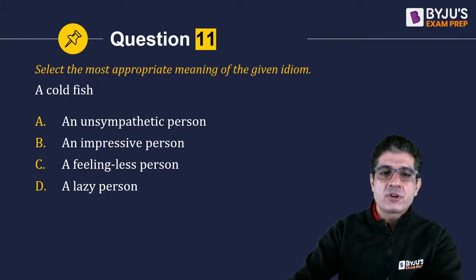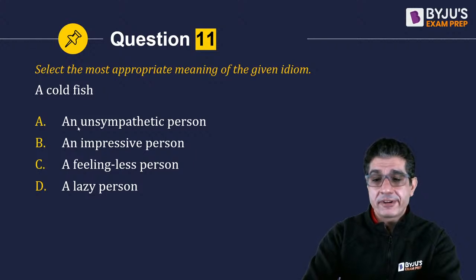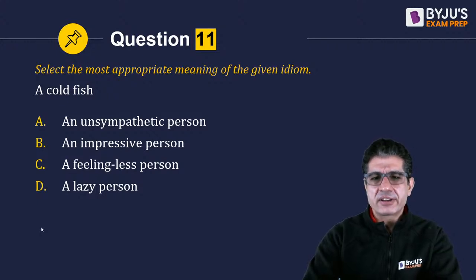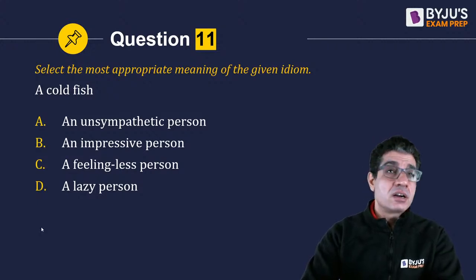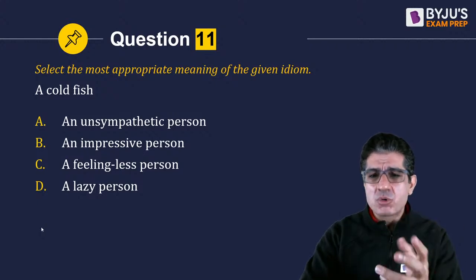For 11, we are talking about a cold fish. I think this is to a certain extent self explanatory. But then, a cold fish basically refers to a heartless individual, a person who lacks empathy, a person who lacks emotion.